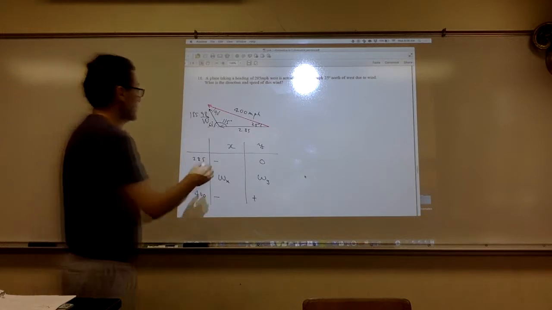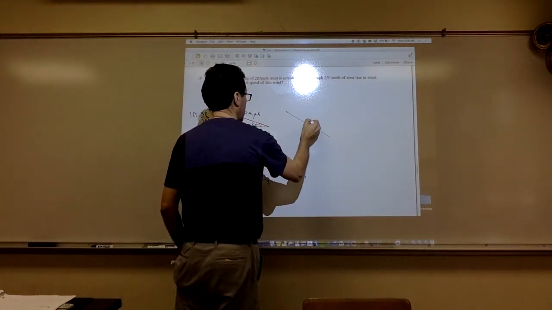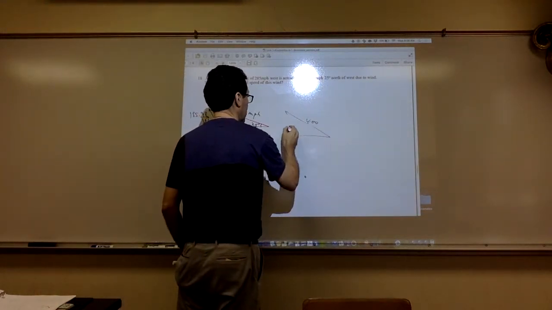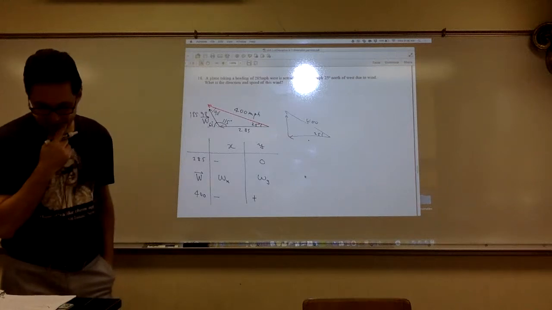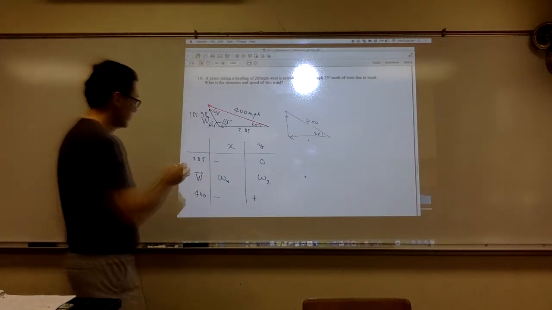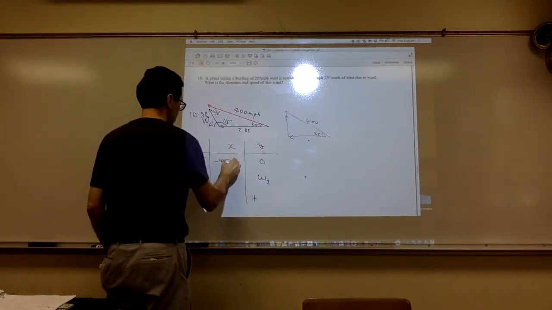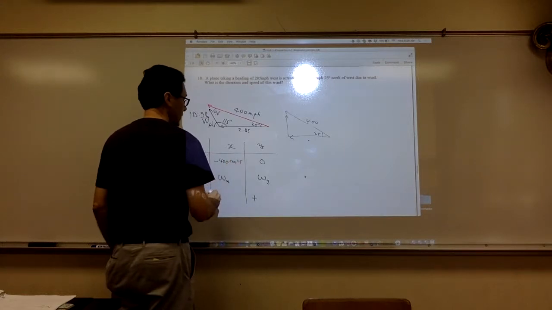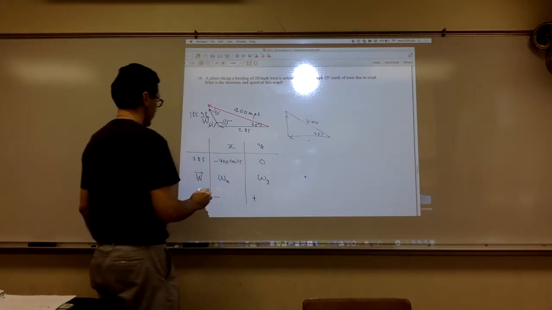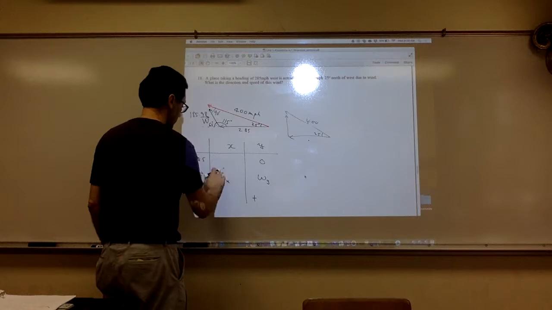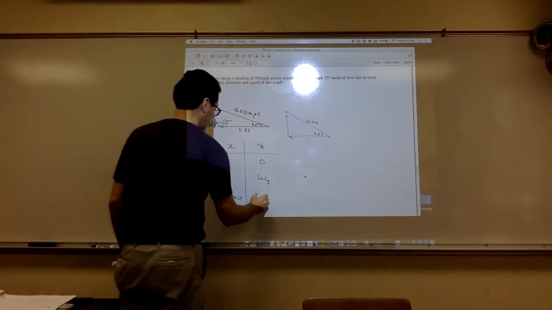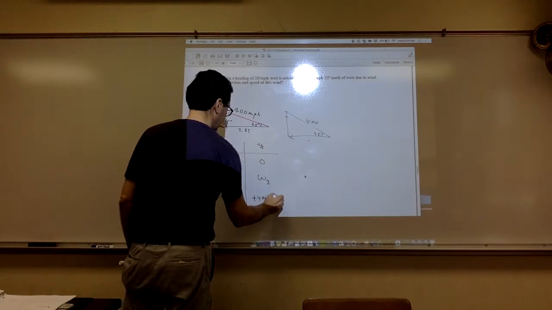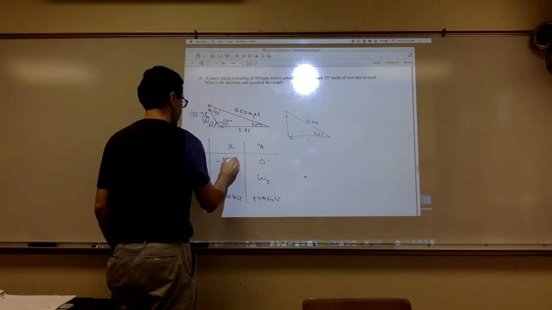Now you can take this 400 and make it a triangle and figure out the components here. So this is going to be 400 cosine of 25 here, and 400 sine 25 here, and this is just going to be negative 285.